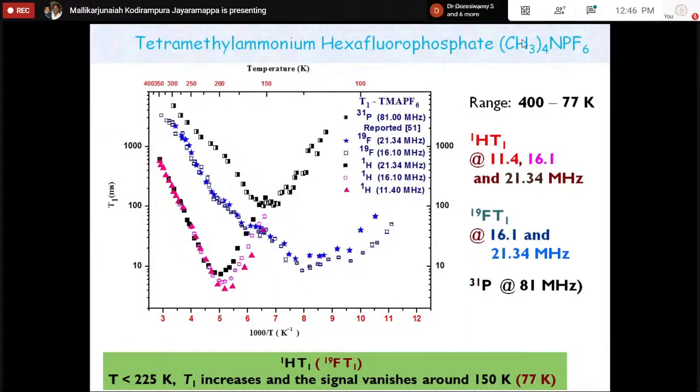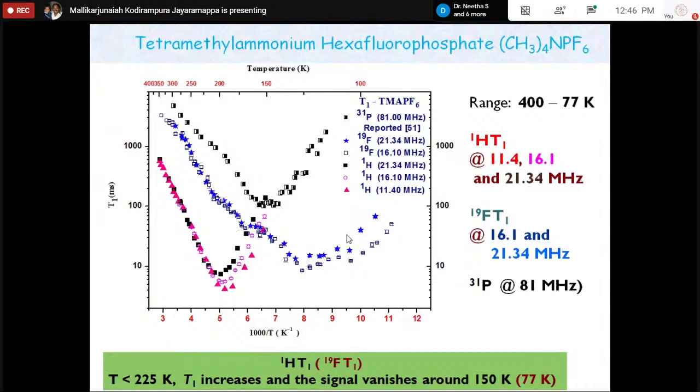Another example we took was tetramethyl ammonium hexafluorophosphate, where please remember that I can do NMR of hydrogen, phosphorus and fluorine. In this particular case, only phosphorus NMR was done by some other scientist, and for fluorine and hydrogen we performed the experiment.